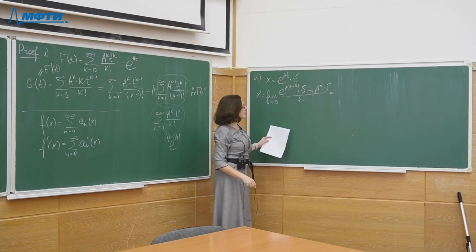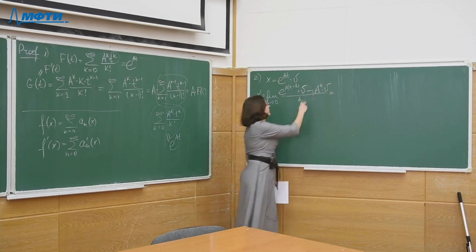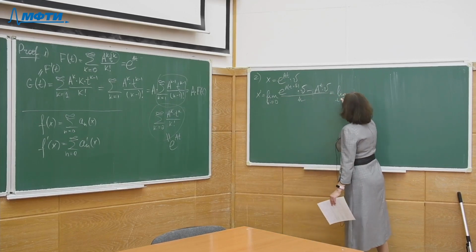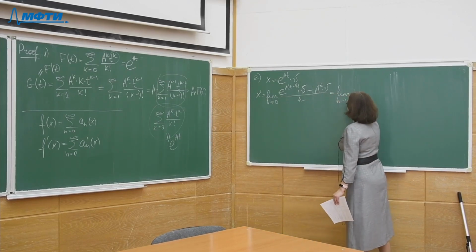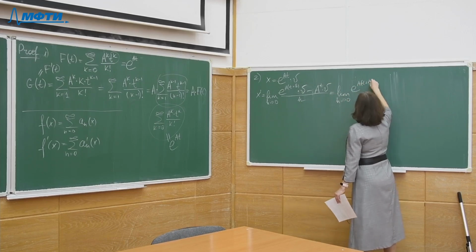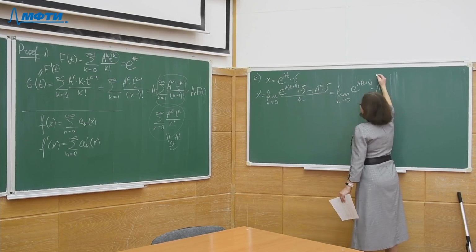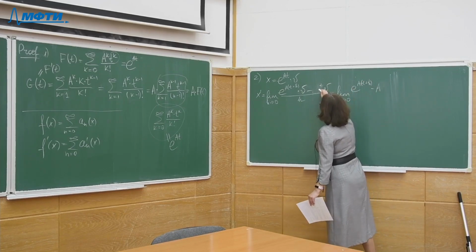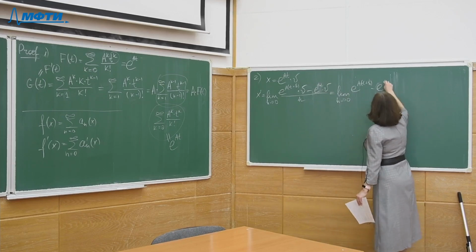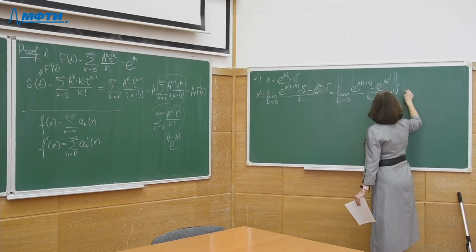By the arithmetic properties of matrix multiplication, we can rewrite this as the limit as h approaches 0 of (e to the power A(t+h) minus e to the power At) over h times v.